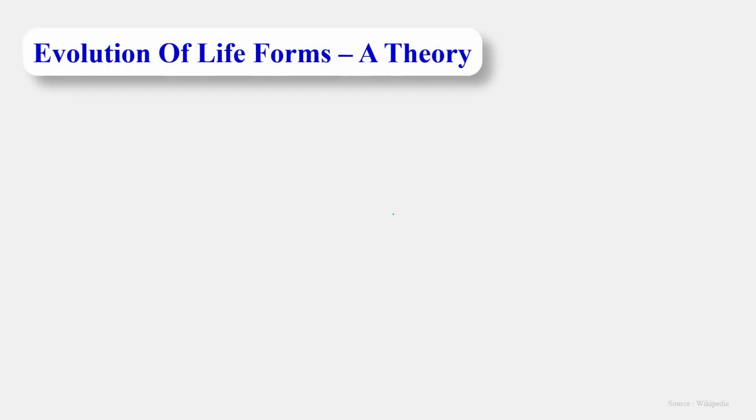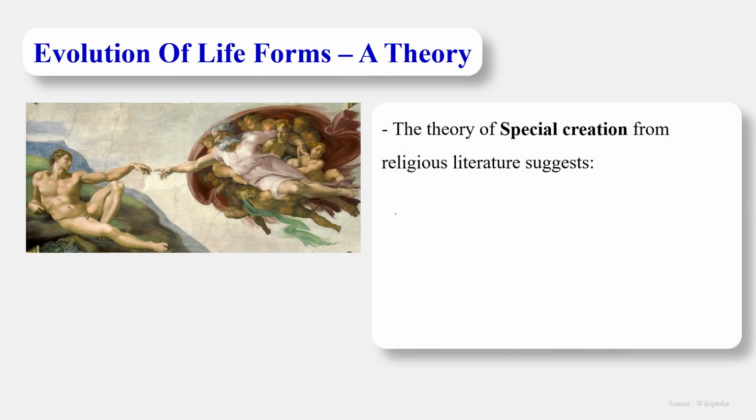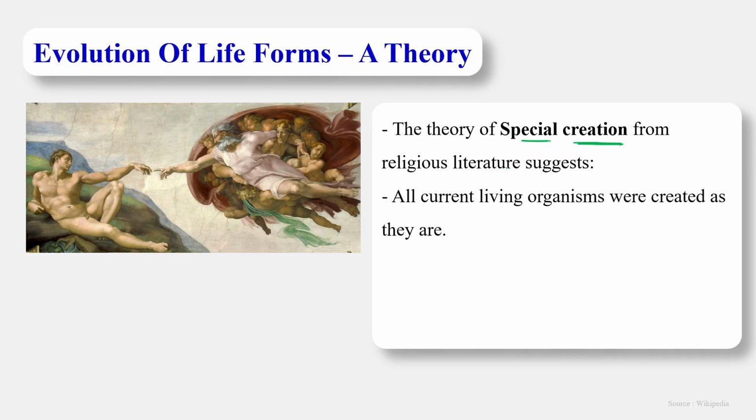So now, the evolution of life forms, which is a theory. Initially, some philosophers suggested the theory of special creation. Various religious literature suggests special creation, that God created all of us as such, like the elephant, lion, different plants, humans, present in this form from the beginning of the earth's creation.